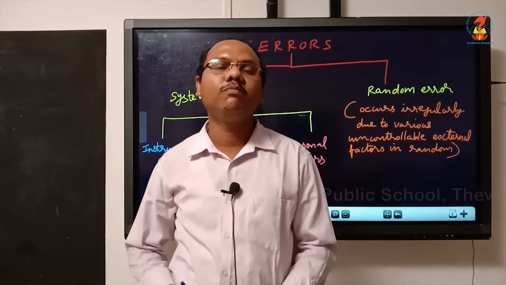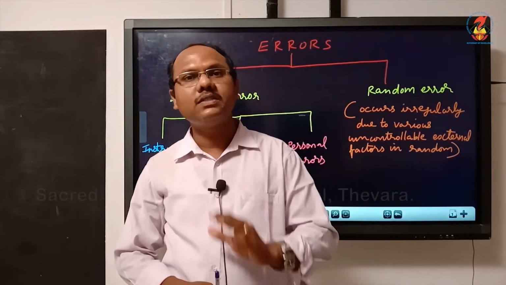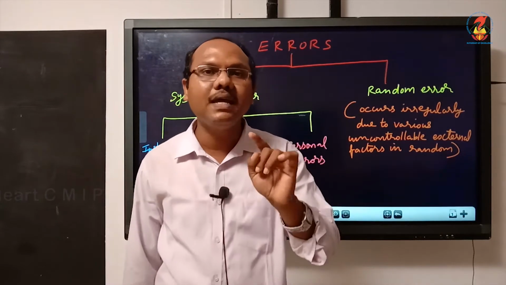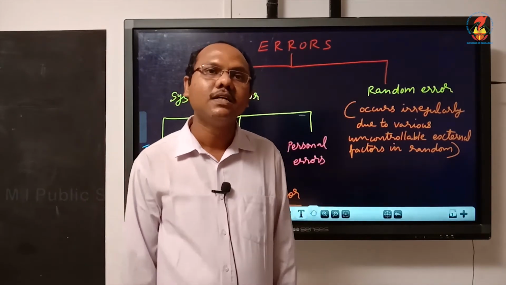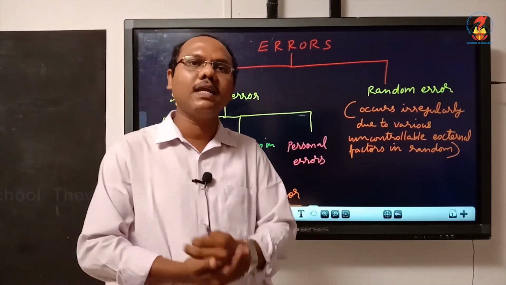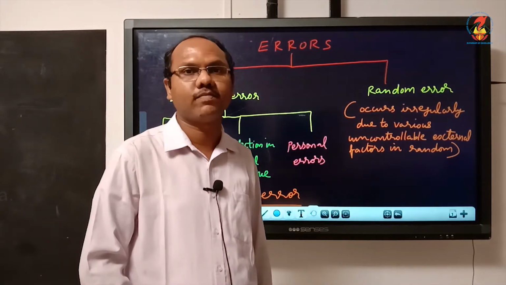That way of measuring the temperature is not correct, because the temperature in our underarm will be lesser than the body temperature. So if the doctor measures the temperature like that, he will get a wrong reading and he will tell you you don't have fever, but actually you may be having fever.